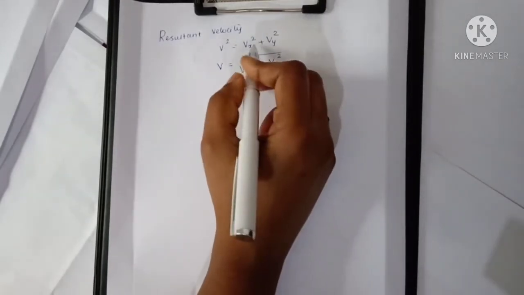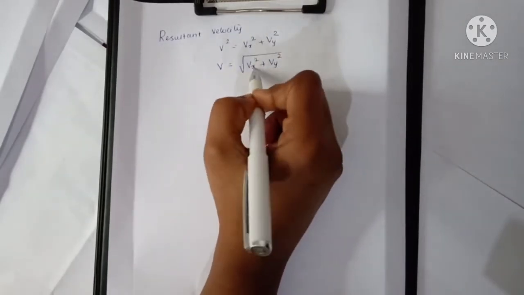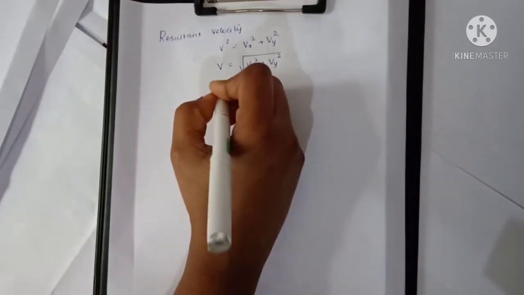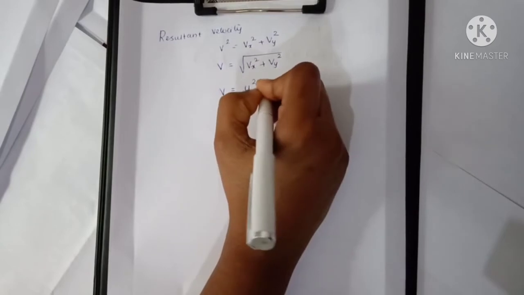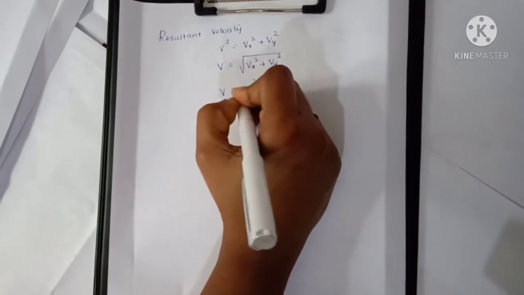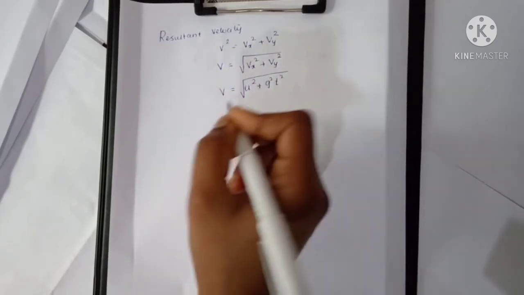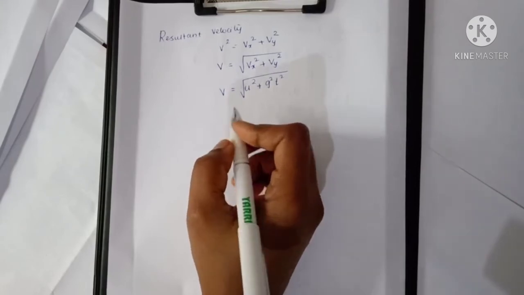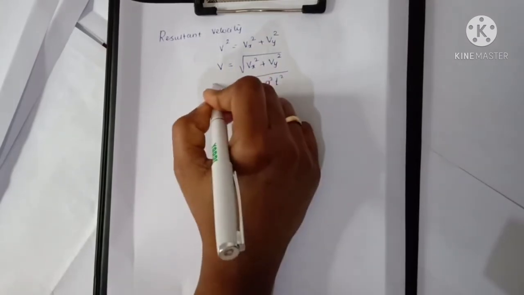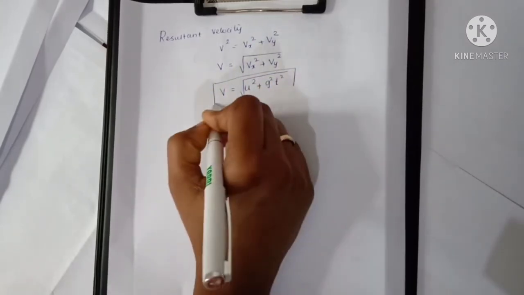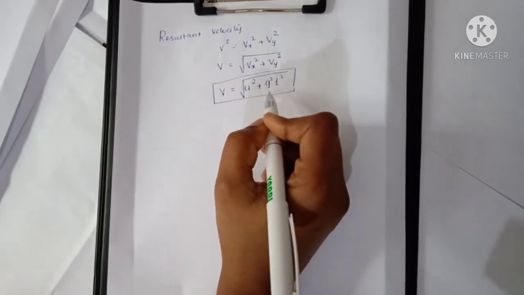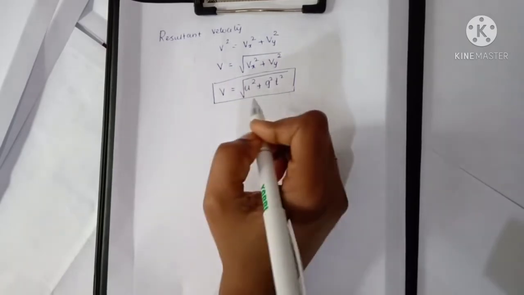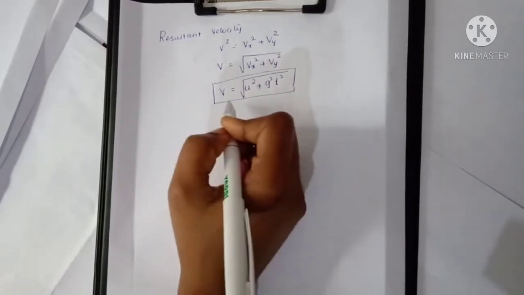So substitute this vx and vy in this equation, you will get v is equal to square root of u square plus g square t square. So this is the resultant velocity of the particle at time t. This is the velocity of the particle.